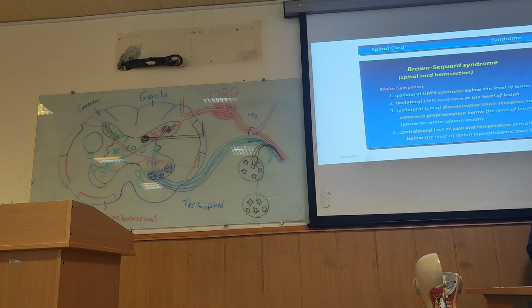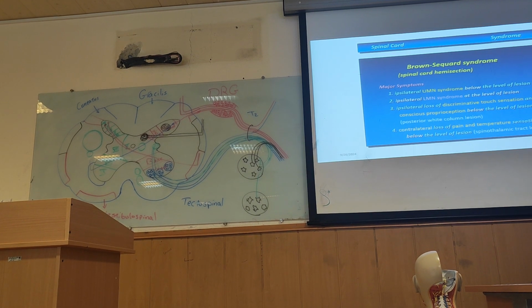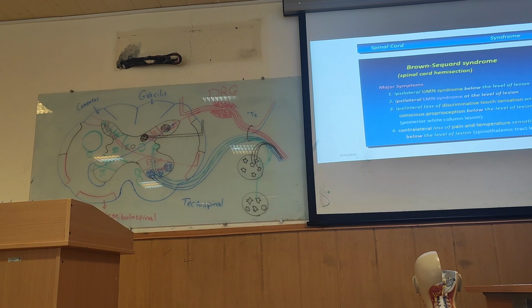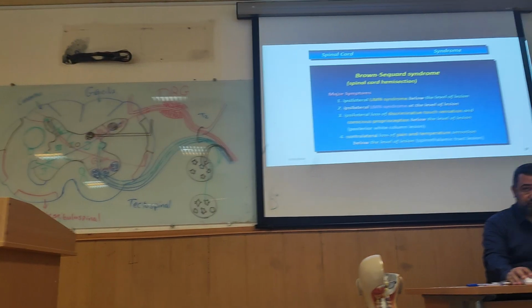This syndrome is called Brown-Sequard syndrome. Ipsilateral upper motor neuron syndrome below the level of the lesion.